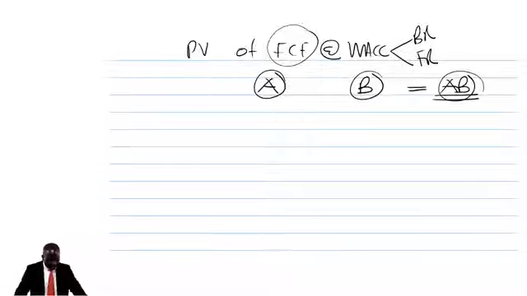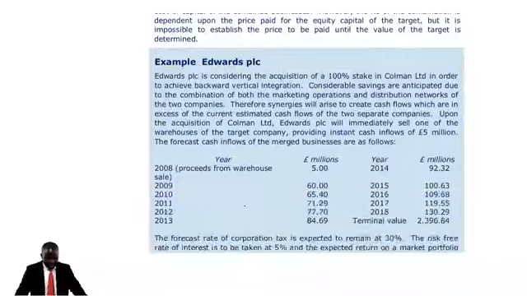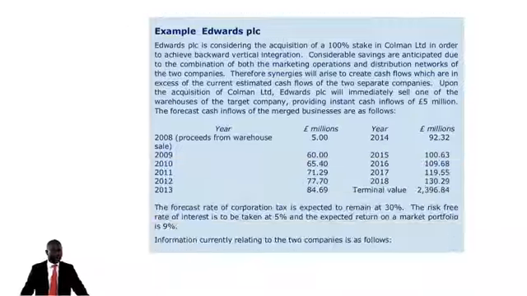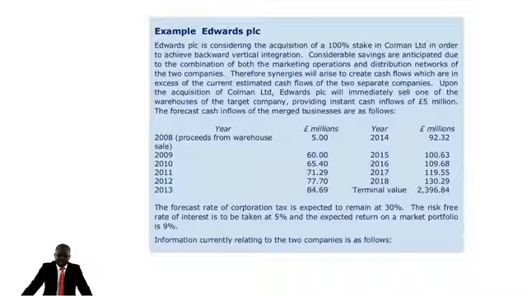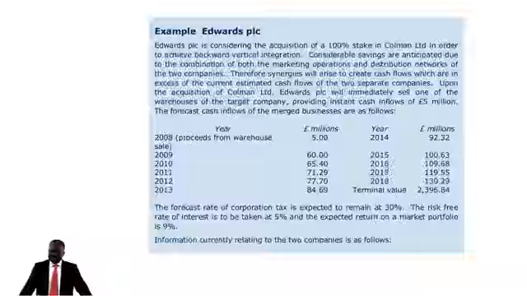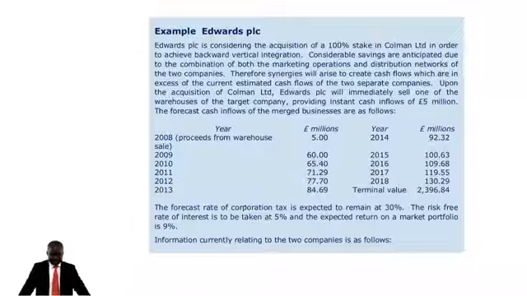Okay, so let's go to the lecture notes and then we pick this question to illustrate. Edward PLC is considering the acquisition of 100% stake in Coleman Limited in order to achieve backward vertical integration. Considerable savings are anticipated due to the combination of both the marketing operations and distribution networks of the two companies.